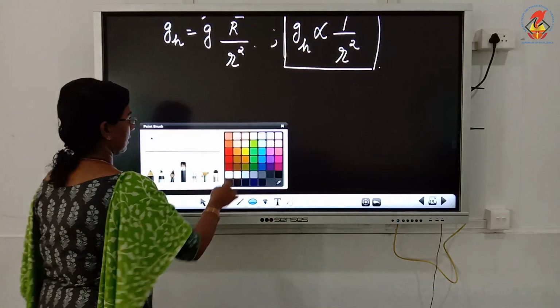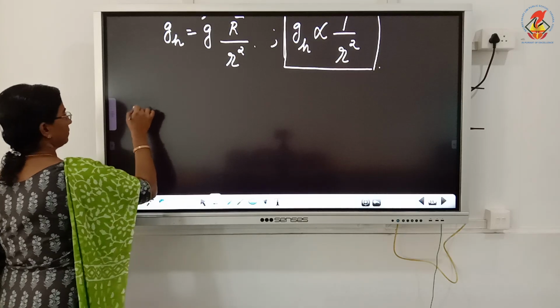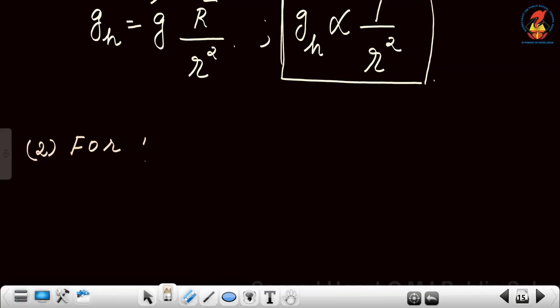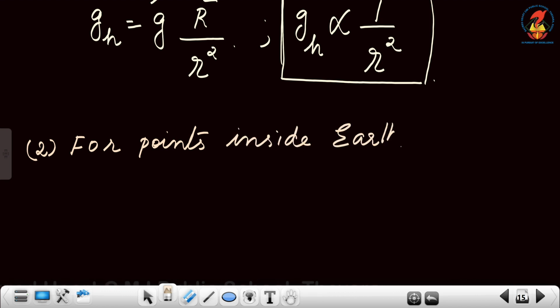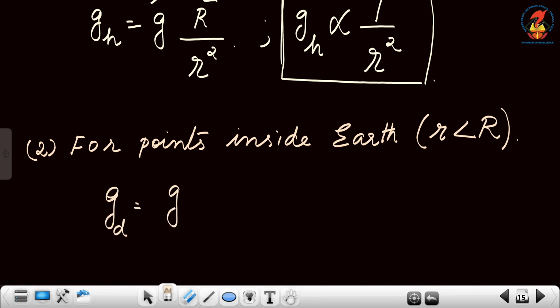Next, for points inside the earth, that is r less than capital R. We know the relation is g_d is equal to g into R minus d divided by R. Now what is R minus d?